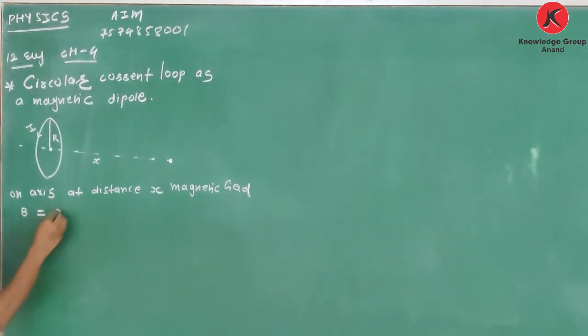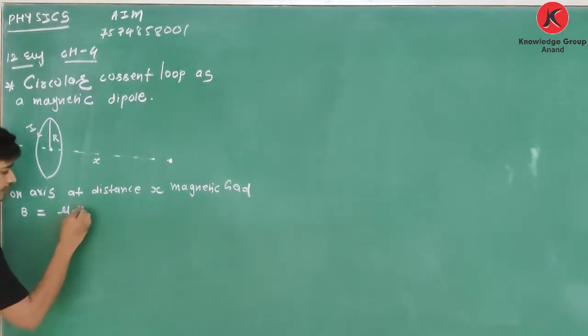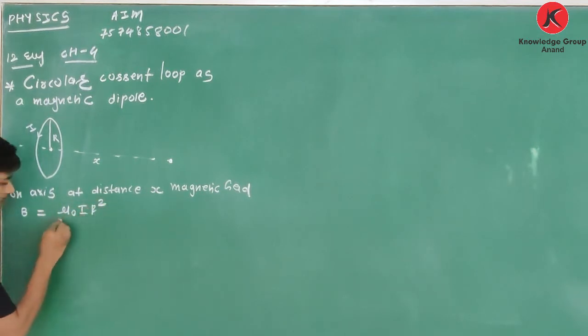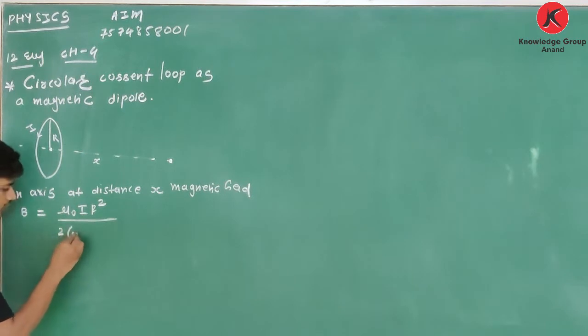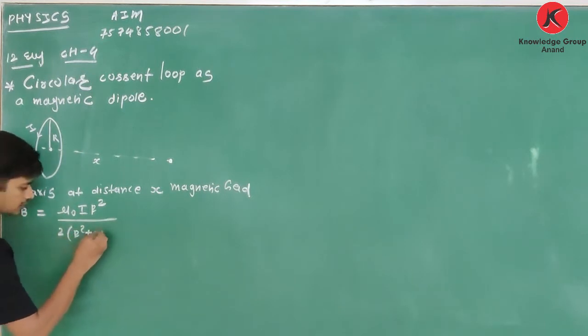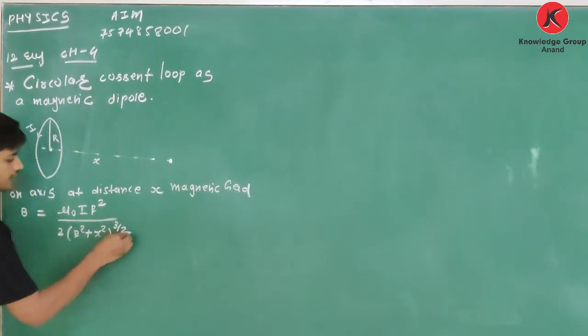B is equal to mu 0 I r square upon 2 (r square plus x square) raised to 3 by 2.